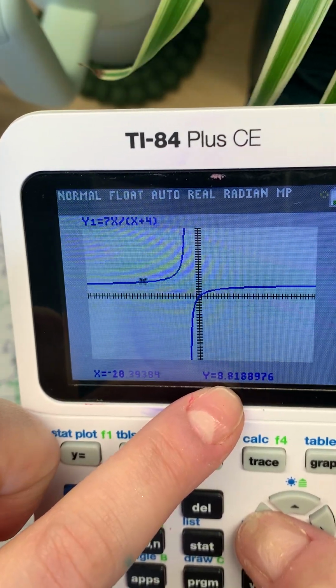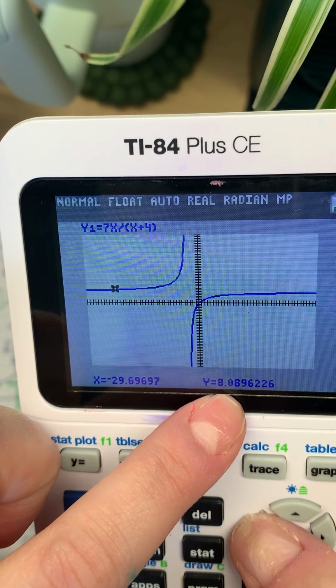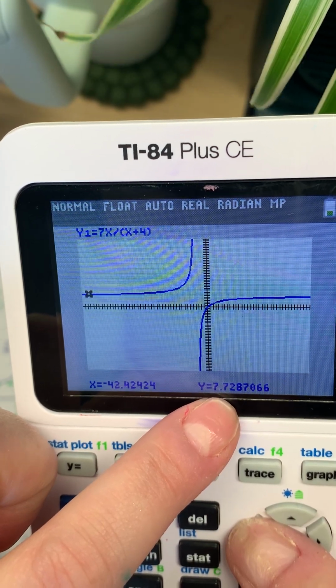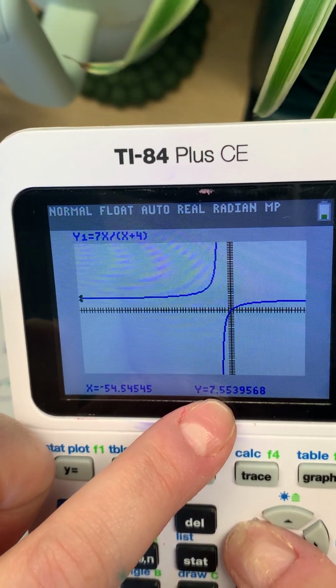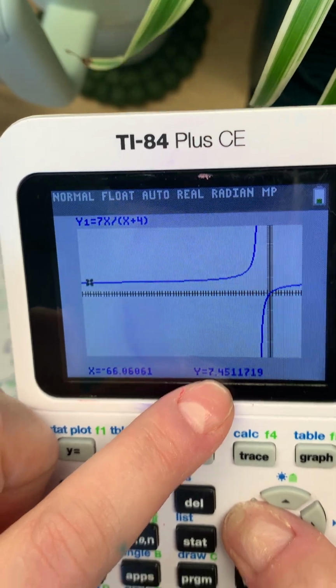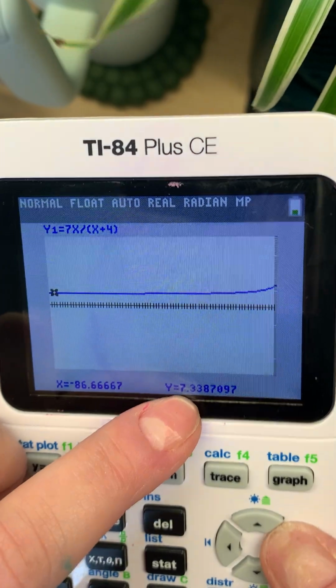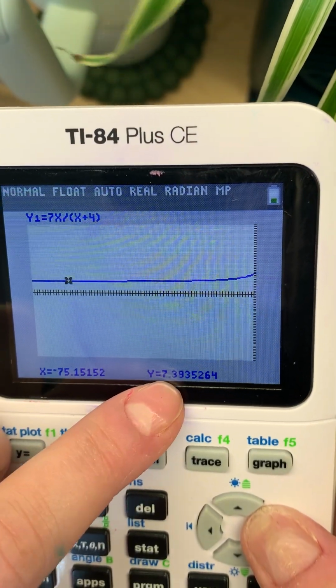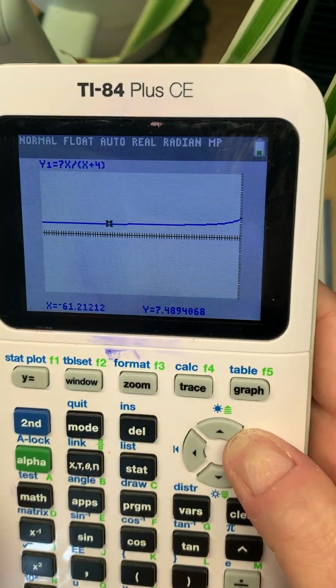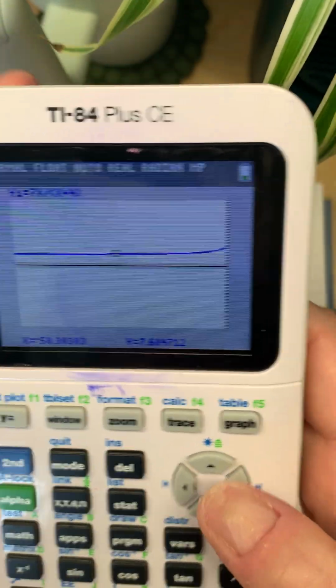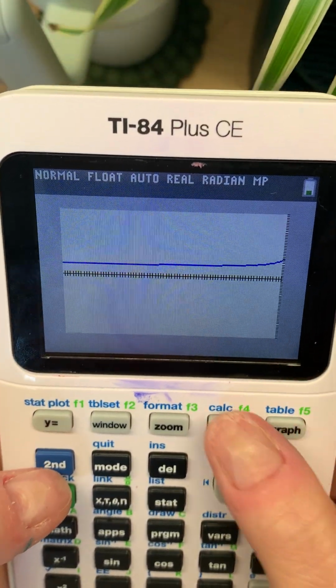And then if I keep going, look, it's going down. 9, 8, 6. Okay, yeah, it's gonna reach 7. It's just gonna take forever. And then if I look at the right side of my curve, okay, just trace.